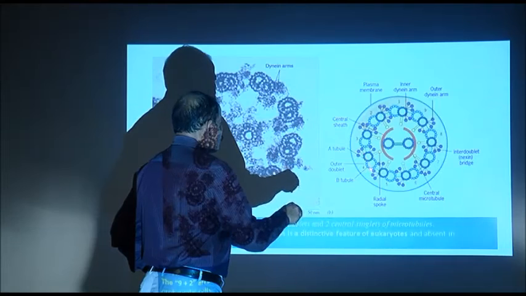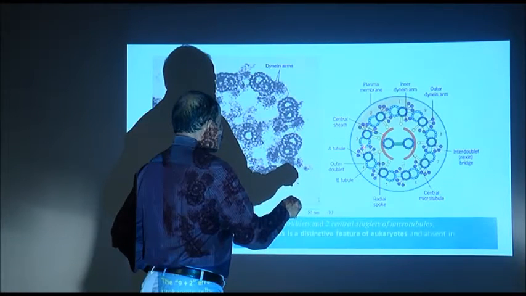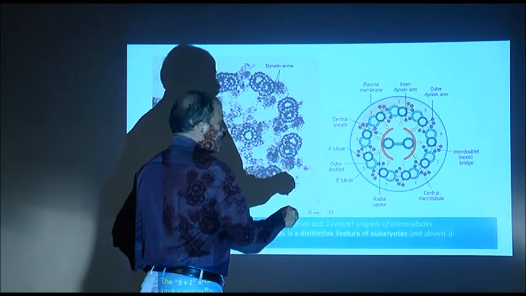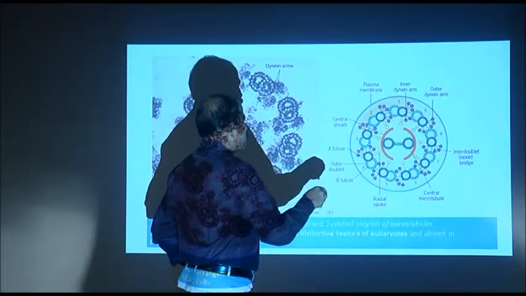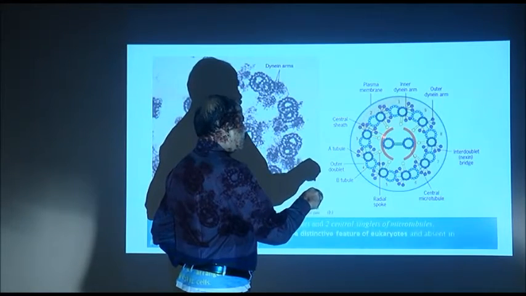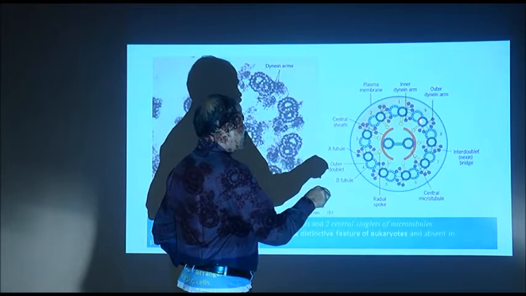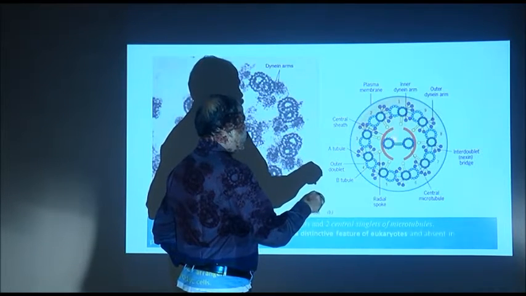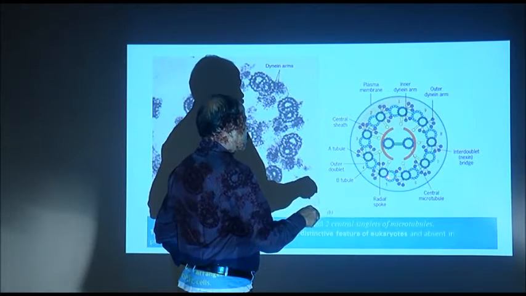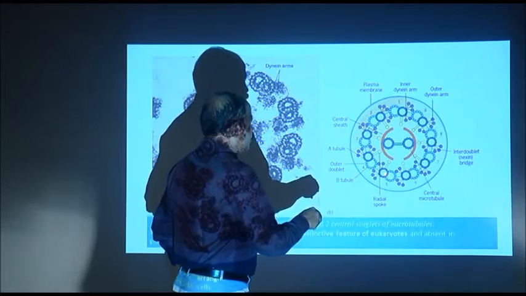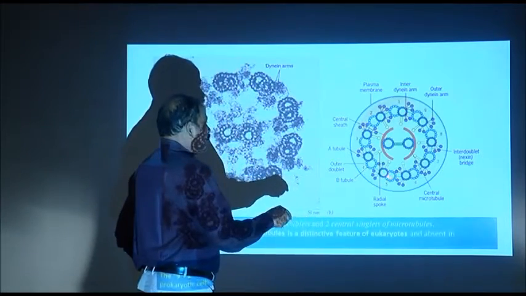So this is a doublet, this is another doublet. They are linked to each other by means of nexin protein, and what is important, these doublets are attached to the central sheath by means of radial spokes, and these are complete microtubules. But in the periphery, one is a complete microtubule, another is an incomplete microtubule, but they form a dimer.